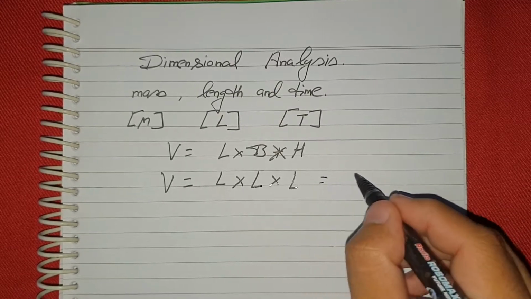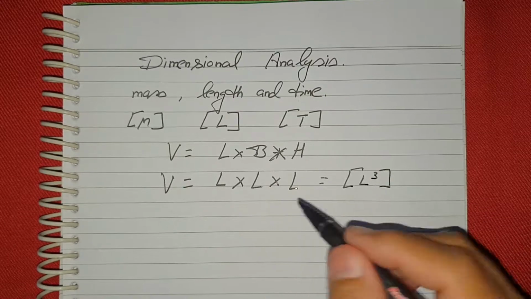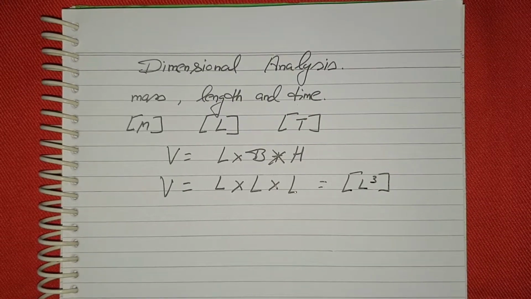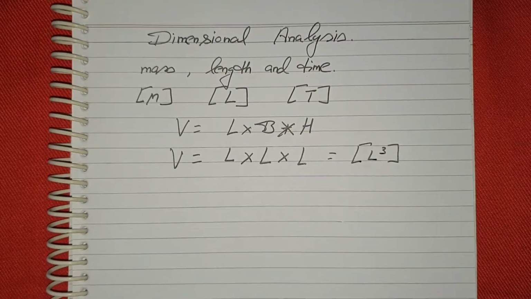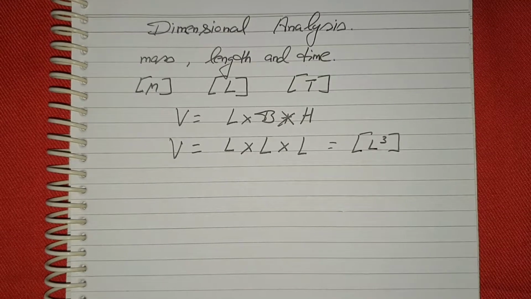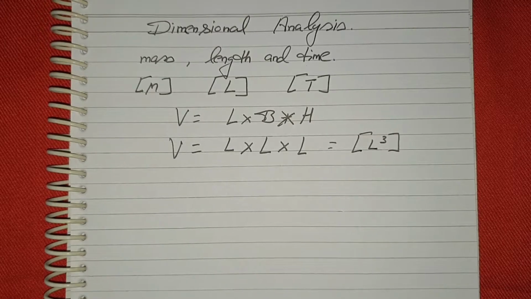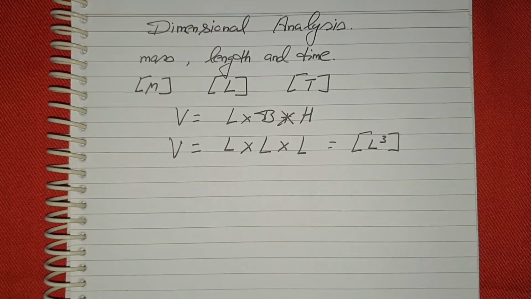So basically this is L into L into L, L to the power 3. To represent the volume, we have raised L to the power 3. Therefore, volume is said to have 3 dimensions in length.